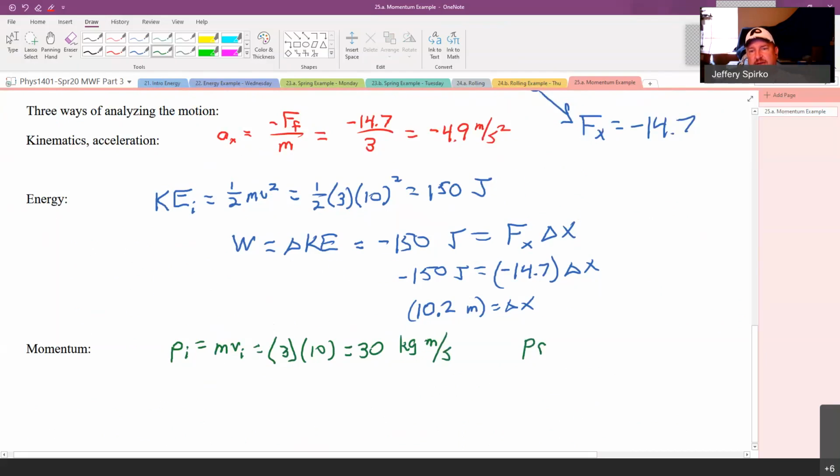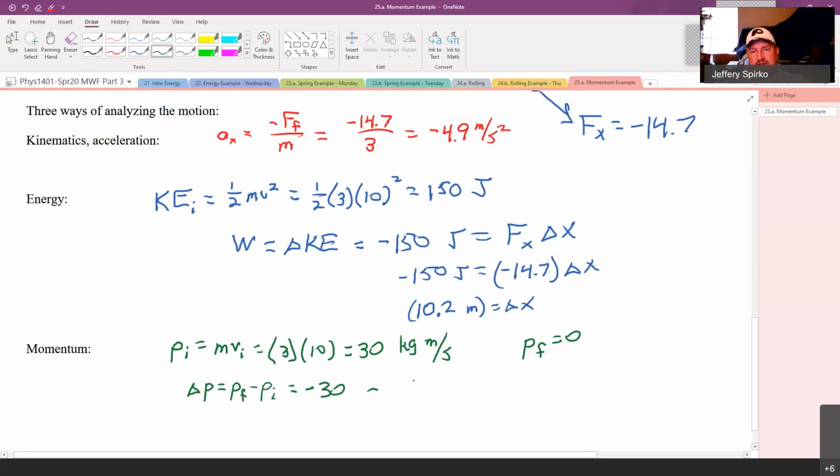My P final is equal to 0 because my object comes to rest. And then my delta P is P final minus P initial is minus 30.